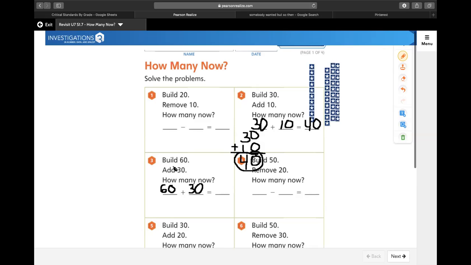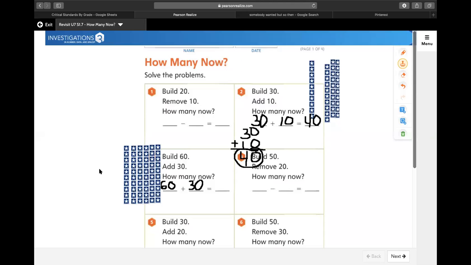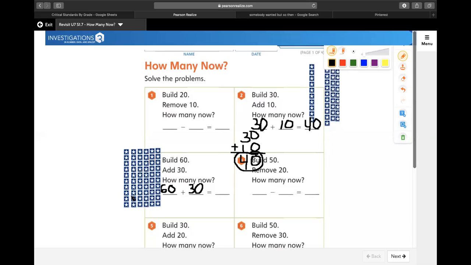All right, so I'm going to build my 6 towers of 10. And then I'm going to add 3 more towers of 10. All right, so let me build those real fast. All right, so here are my 6 towers of 10, which means I should have 60. 10, 20, 30, 40, 50, 60.